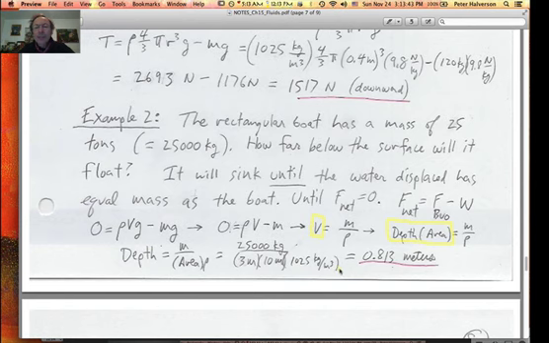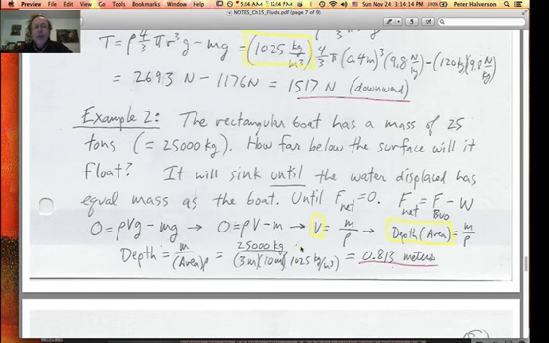Actually, come to think of it, I should have mentioned that this density here of 1,025 kilograms per cubic meter played a role in the float example as well. So in the end, the boat sinks to a depth of 0.813 meters.